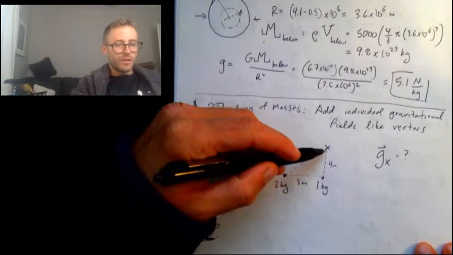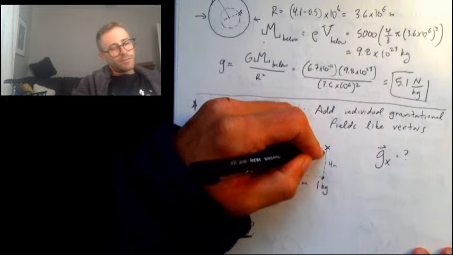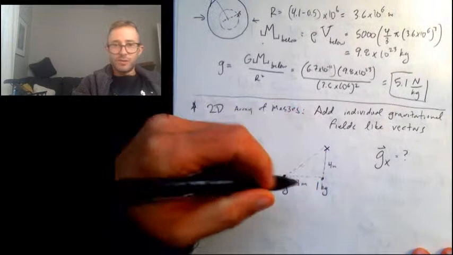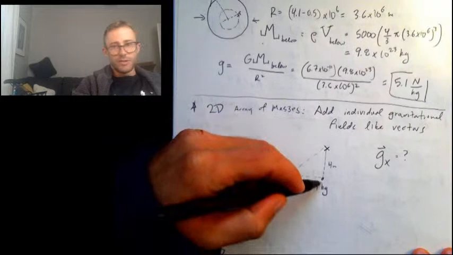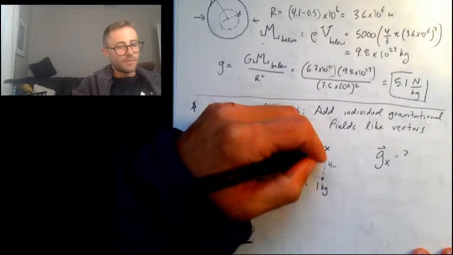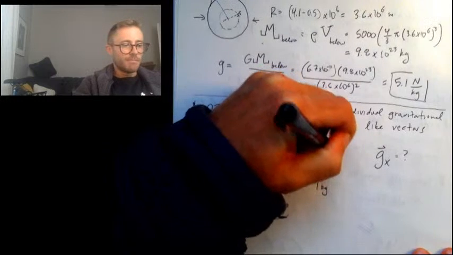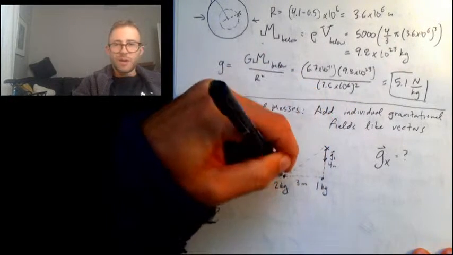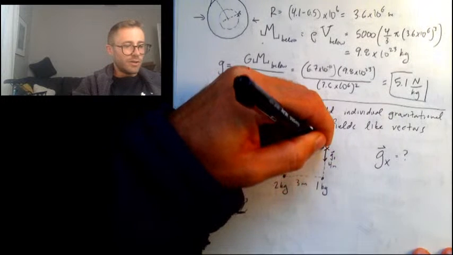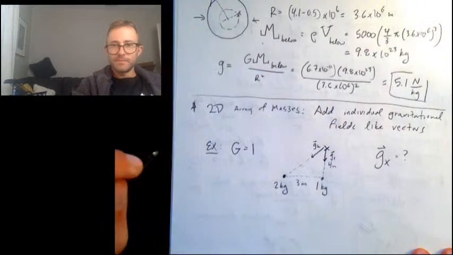So I want to know, what is the gravitational field at x? Now, that gravitational field at x is created by these two masses. So this mass is going to pull in that direction. So I'll call that G1. All right. And this mass is going to pull it in that direction. So I'll call that G2. All right.